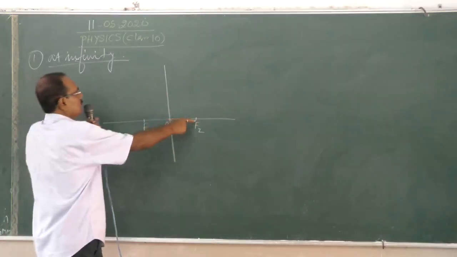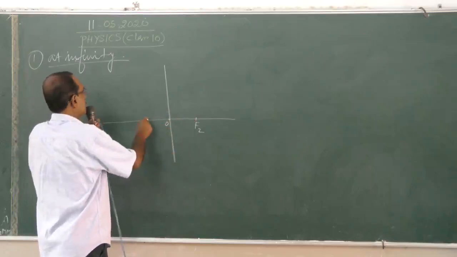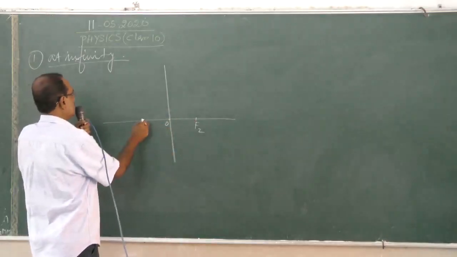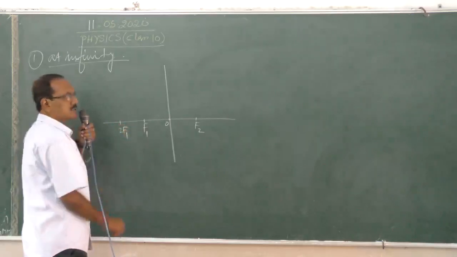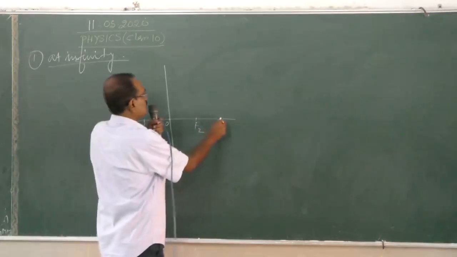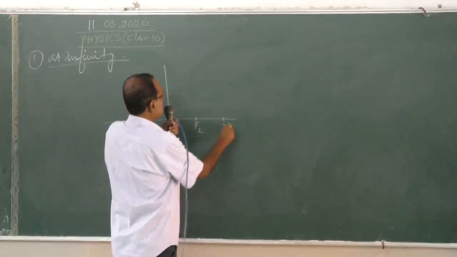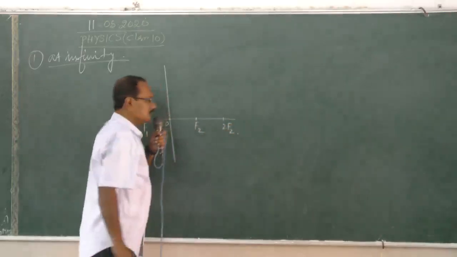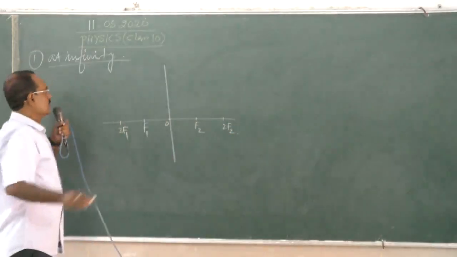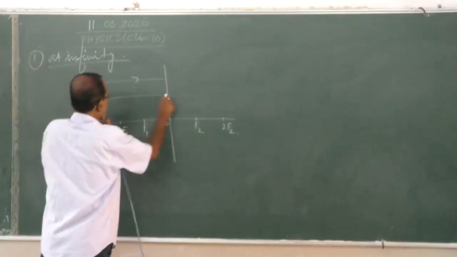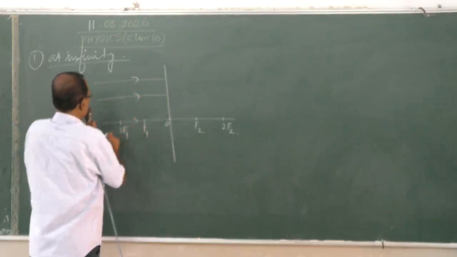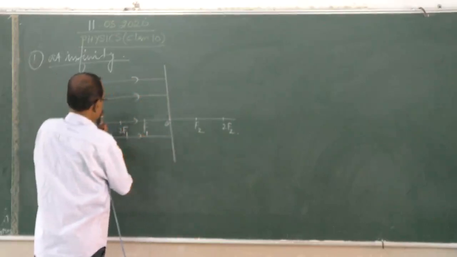Both distances will be the same. Then also you mark with equal distance: this is 2F1 or C1, and this is 2F2 or C2.